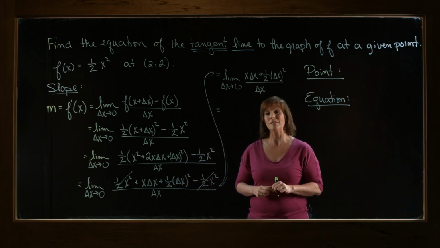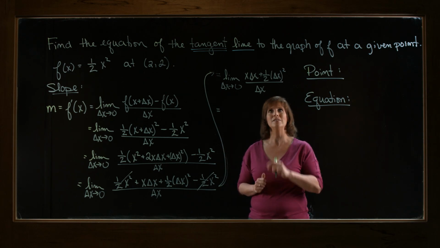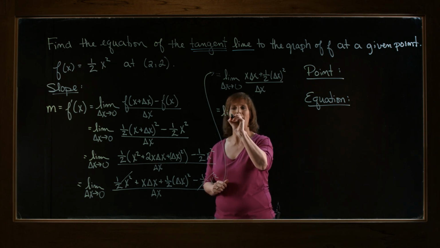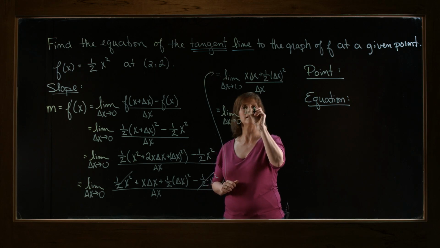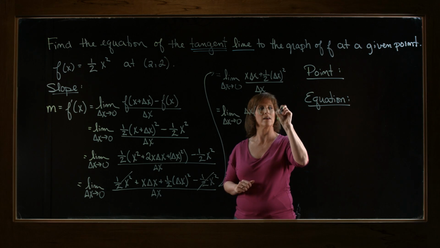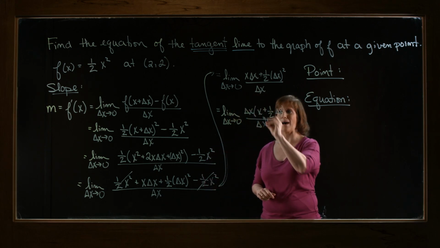Well, unfortunately, I'm still going to get 0 over 0 if I try to take the limit. But I notice in my numerator that both terms have a delta x, so I can factor that out. And I have delta x times the quantity x plus 1/2 delta x all over delta x. And now for the key step.